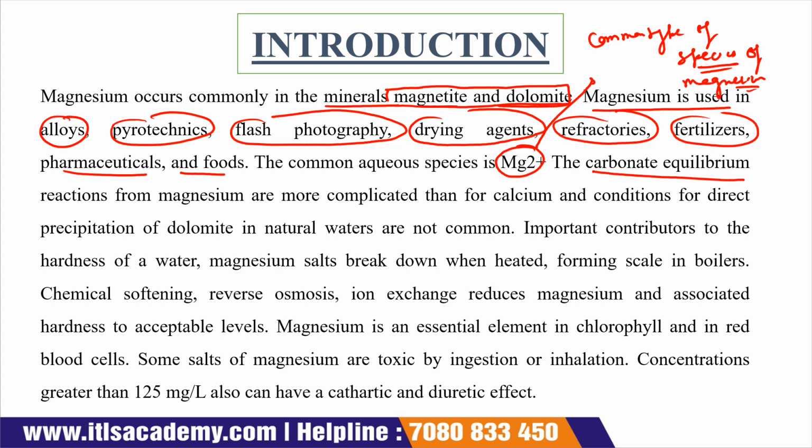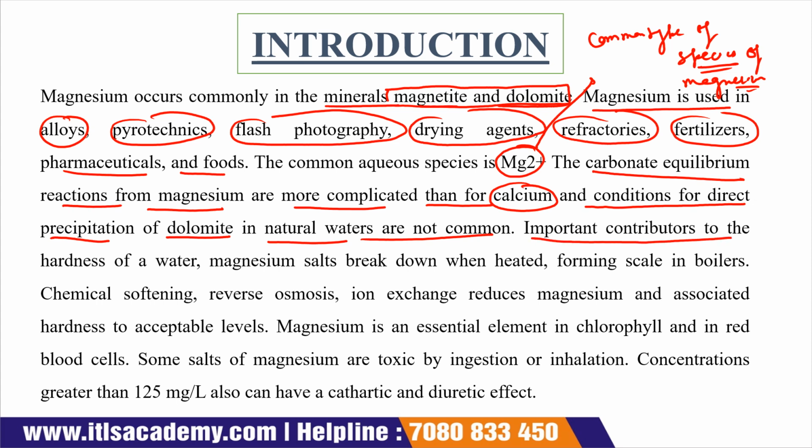The carbonate equilibrium reaction for magnesium is more complicated than for calcium, and conditions for direct precipitation of dolomite in natural water are not common. An important contributor to the hardness of water is magnesium salt.